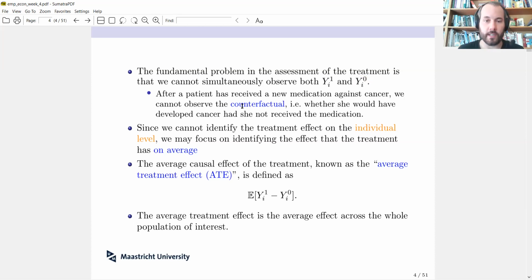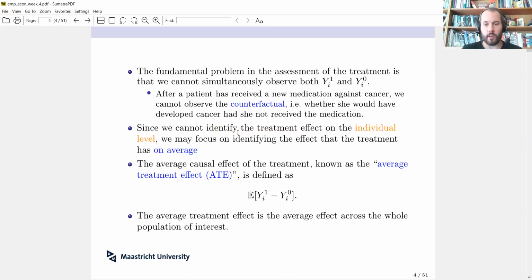So we cannot observe the counterfactual. We cannot know what would have been in the absence of treatment. Okay, so that is bad, right? We can never identify the treatment effect on the individual level, because for that, we would have to see both potential outcomes, which is not possible.